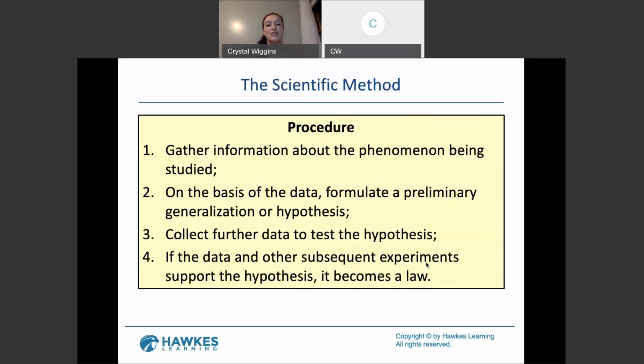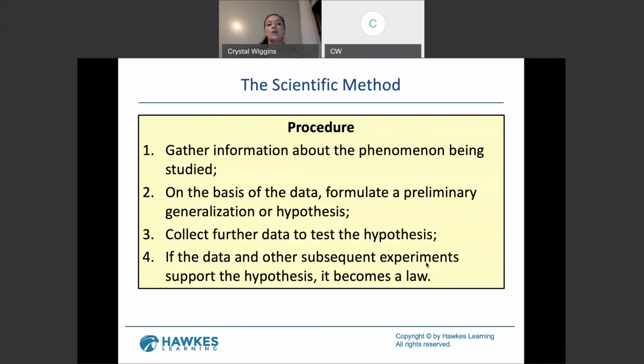So the procedure for the scientific method is to first gather information on what you're trying to study. So if you're trying to study a dog's behavior when you ring a bell and then feed him, to see if when he hears that bell, he automatically salivates in order to start eating because he knows the bell means to eat, then you'd be gathering all of your observations of the dog after you ring the bell.